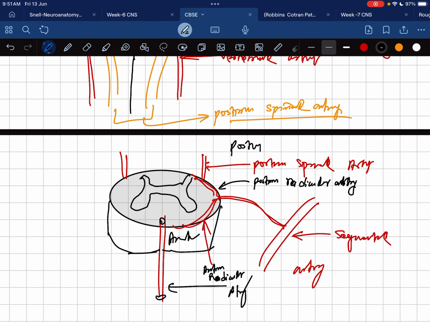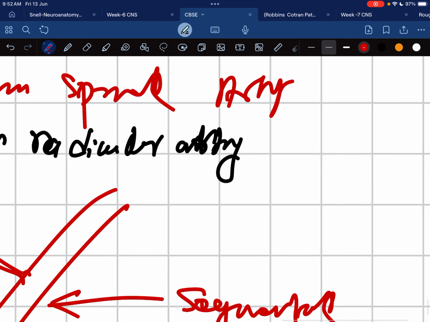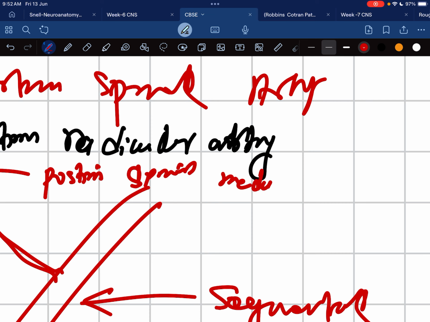So there is a posterior medullary artery, and also forming the posterior spinal medullary artery.